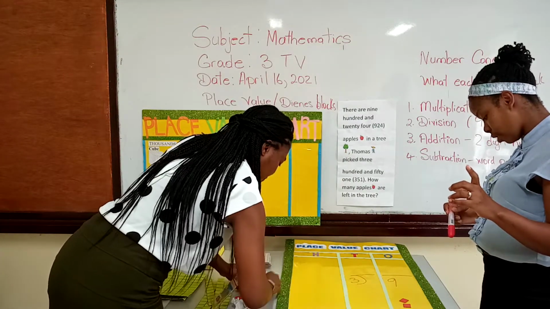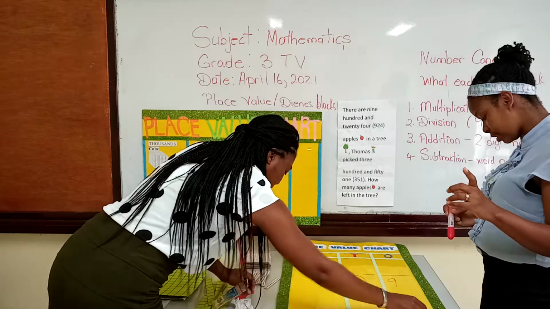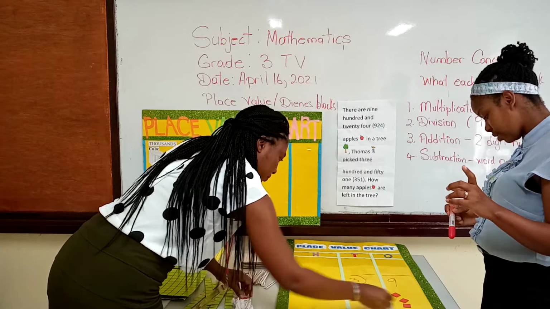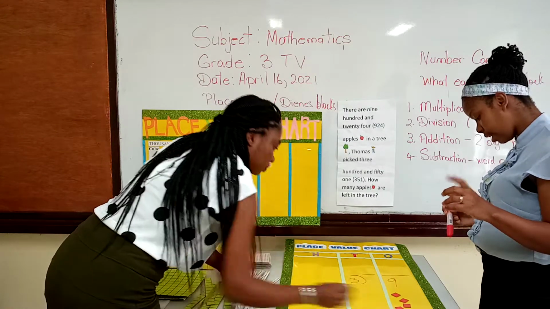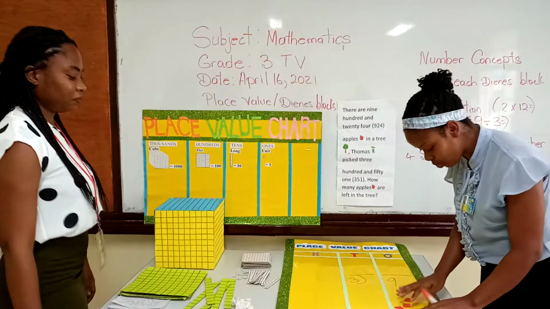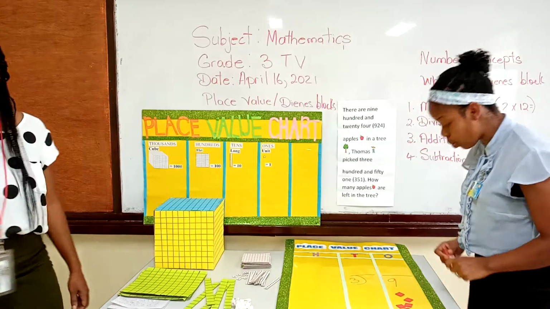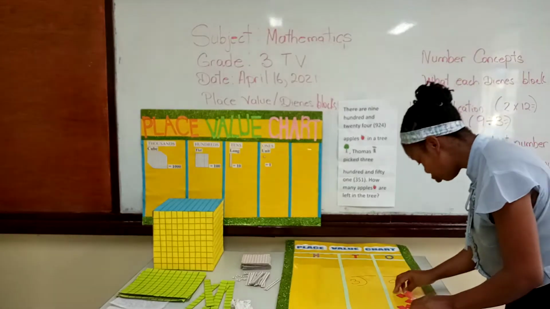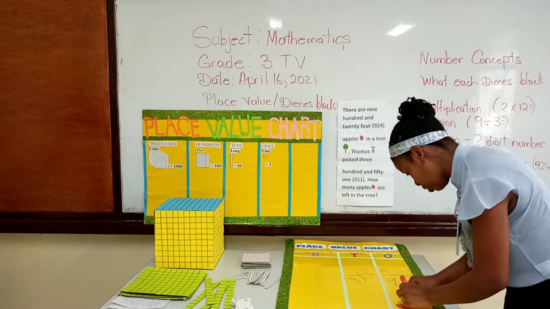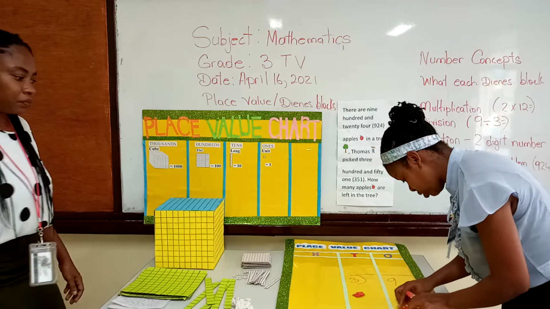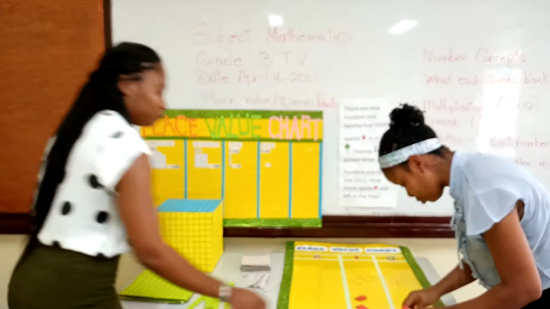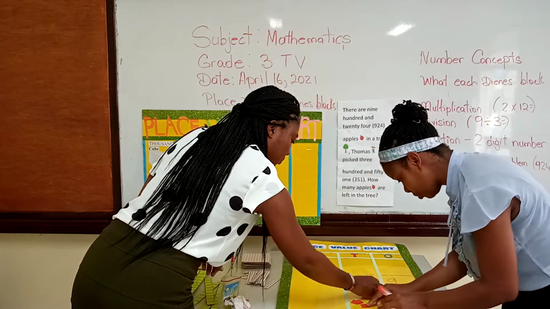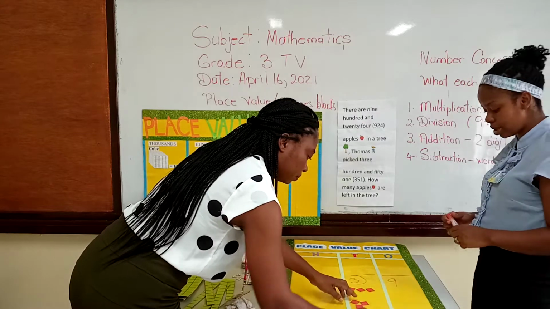3, 4, 5, 6, 7, 8, 9. So we have 9 units here, and we want to get 3 out of the 9. So we are going to group the 3 into 3 different groups to see how much we get.